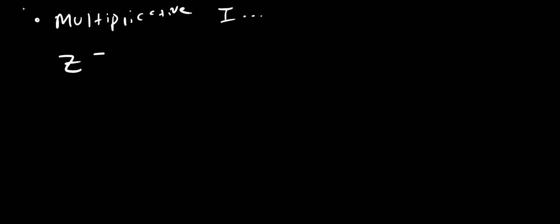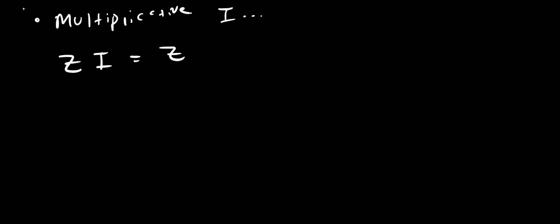And there is also a multiplicative identity, which shouldn't be that hard to guess what that is. So z times the multiplicative identity is equal to z.